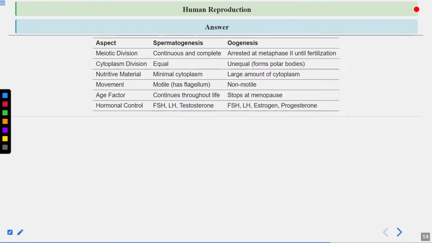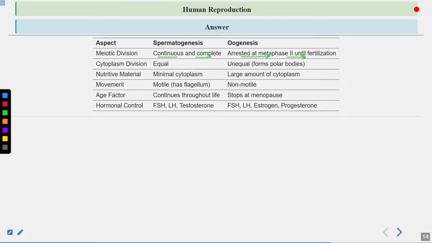Now, meiotic division in spermatogenesis is continuous and complete, whereas in oogenesis, the primary oocyte gets arrested in the prophase 1 of meiosis 1 and the secondary oocyte gets arrested at the metaphase 2 of meiosis 2. And then the secondary oocyte completes its meiosis 2 when it comes in contact with the sperm.